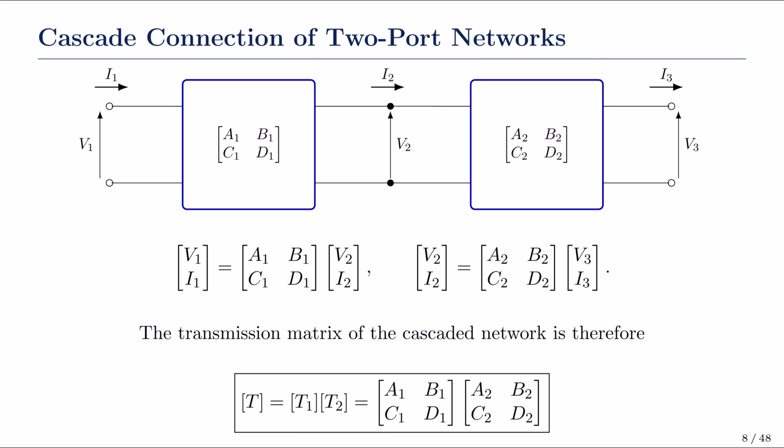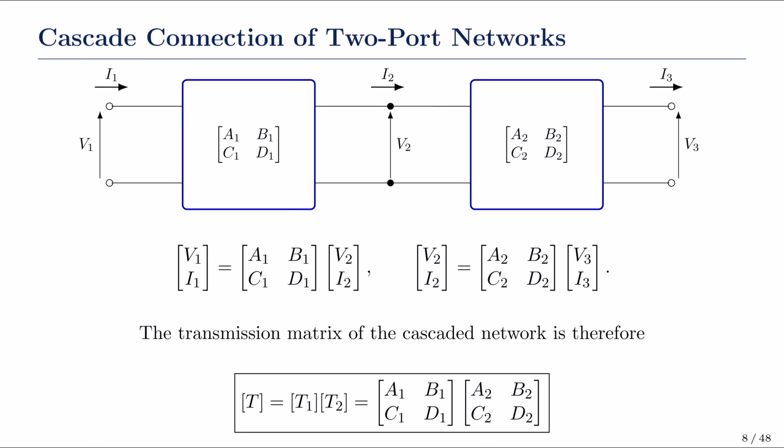For the first two-port network, the vector containing V1 and I1 is obtained by multiplying its transmission matrix by the vector containing V2 and I2. Similarly, for the second network, V2 and I2 are related to V3 and I3 through the second transmission matrix. Substituting the second relation into the first gives the key result.